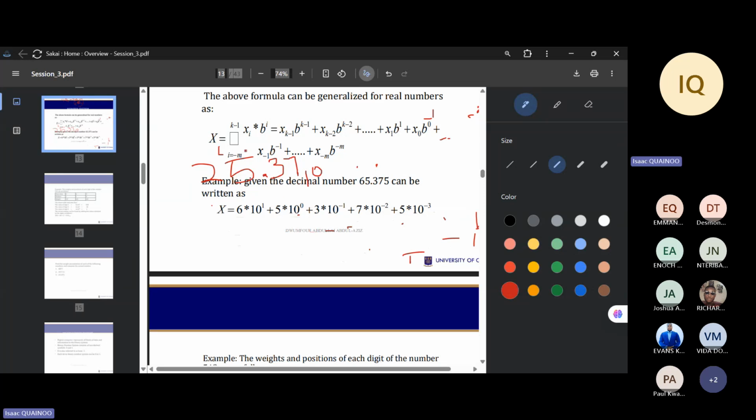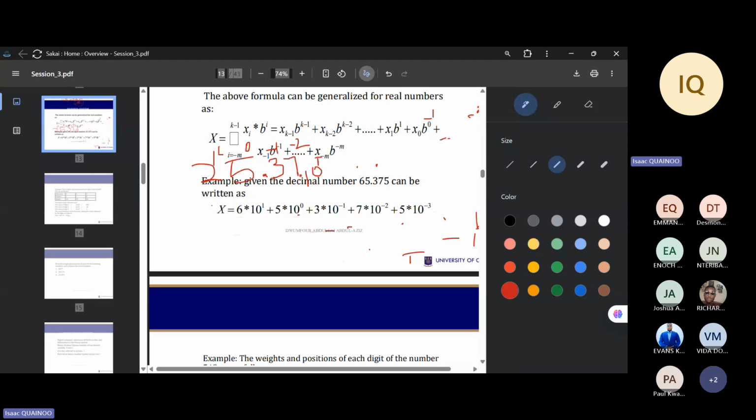What happens here is that you know the position of this becomes 0, this becomes 1, this becomes -1, this becomes -2, this becomes -3. Apart from the 7, there's nothing there. So that is everything here. The first thing is to just number your positions.